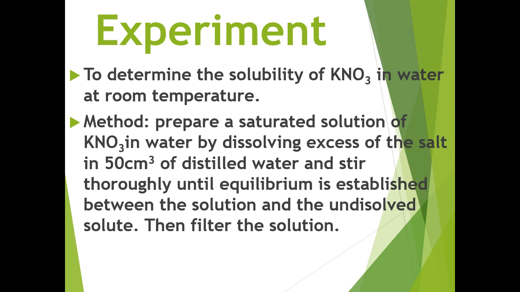First of all, you prepare a saturated solution of potassium trioxynitrate 5 in water by simply dissolving excess of the salt in 50 cm³ of distilled water and stirring thoroughly until equilibrium is established between the solution and the undissolved solute. Then you filter the solution.